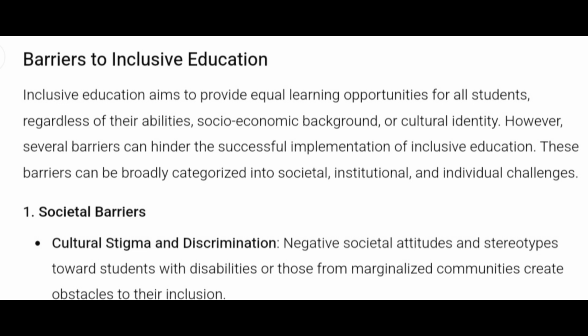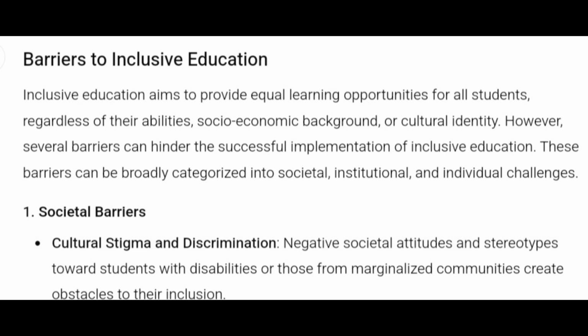And while providing inclusive education, there might be some problems, some limitations, challenges, which we need to look into in order to bring out a positive solution which will improve inclusive education and its functioning for the benefit of all the students who are enrolled in an inclusive school or environment, right? So basically we are going to talk about different types of barriers, meaning limitations or problems or disadvantages. All right, that is what we mean by barriers.